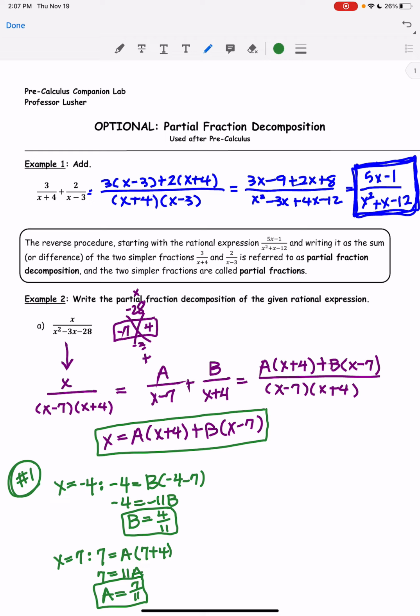So now plug in your a and your b, and my final answer will be 7 over 11 times x minus 7, plus 4 over 11ths times x plus 4.